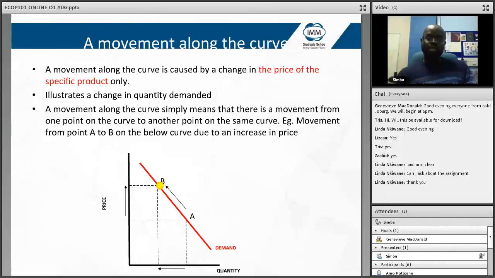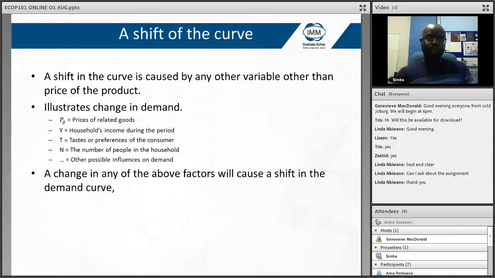So it could be as a result of a decrease in price, then we'll be moving from point A to point B. The only determinant that causes that movement is the price of the specific product. All the other determinants, if they change, are going to result in a shift of the demand. So a shift is caused by any variable other than the price of the product.